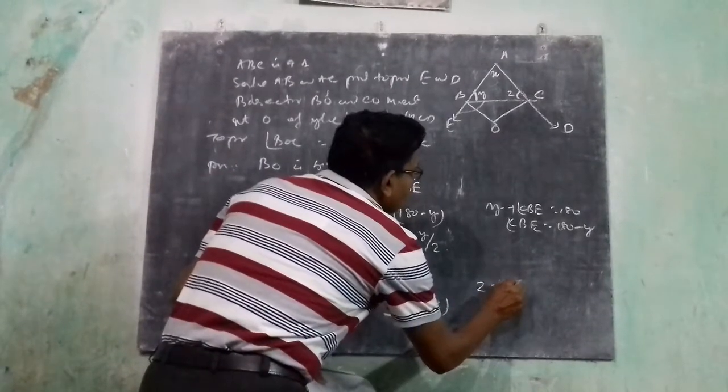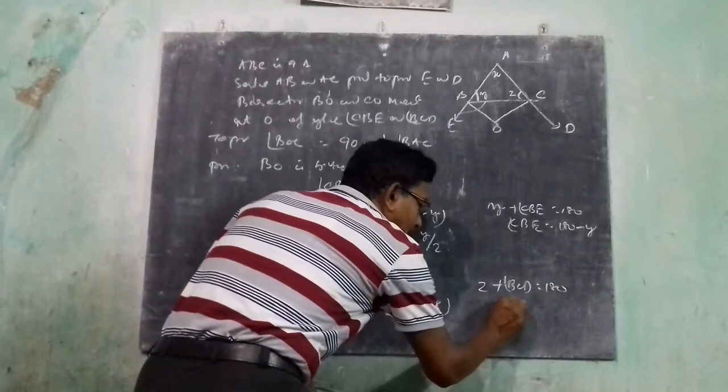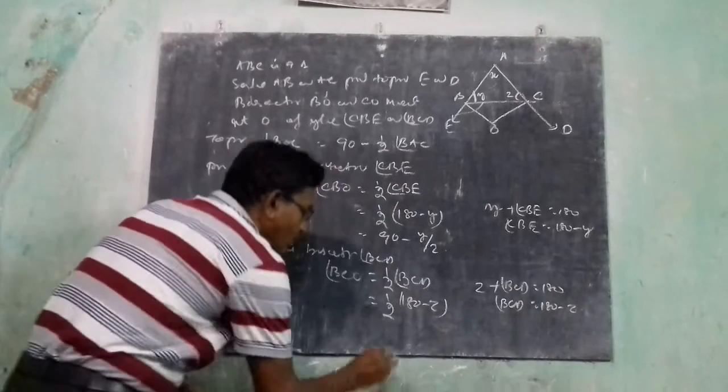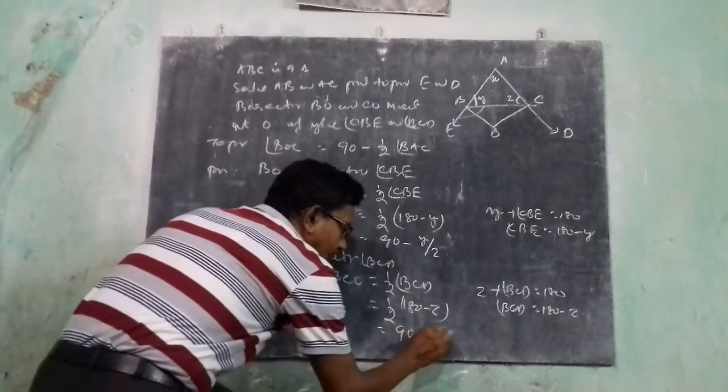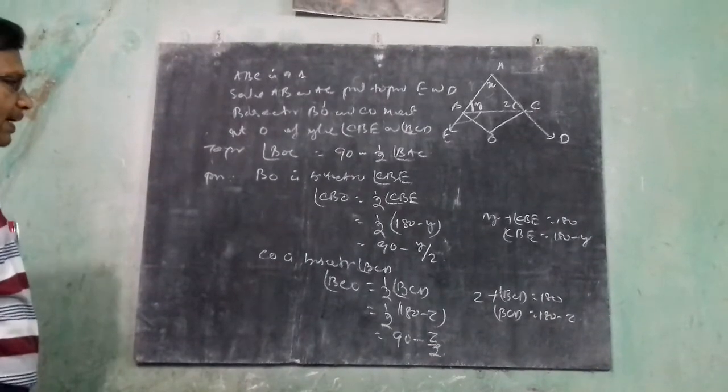Z plus BCD equals 180, a linear pair, so BCD equals 180 minus Z. So half of it equals 90 minus Z by 2.